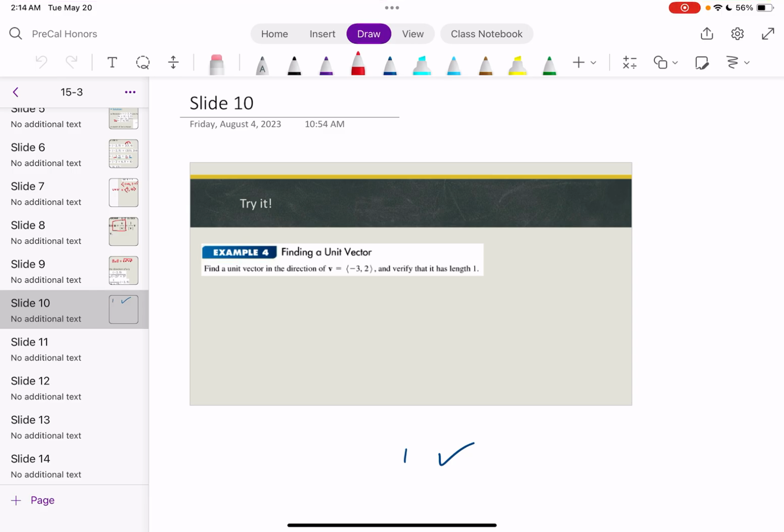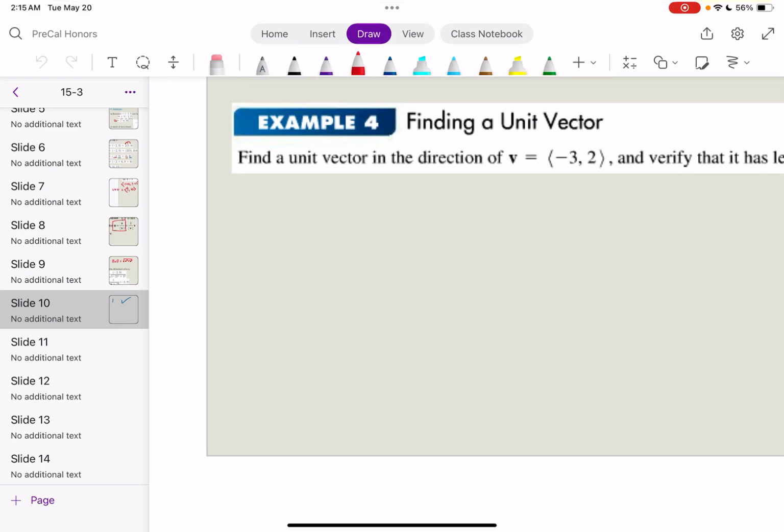Let's go ahead and take a look at slide 10. In slide 10, we do begin with a similar problem to the one we did previously, which was to find the unit vector in that same direction, but we also have to verify that it has a length of 1. So in this case, we would start off with our general equation of v over the absolute value of v.